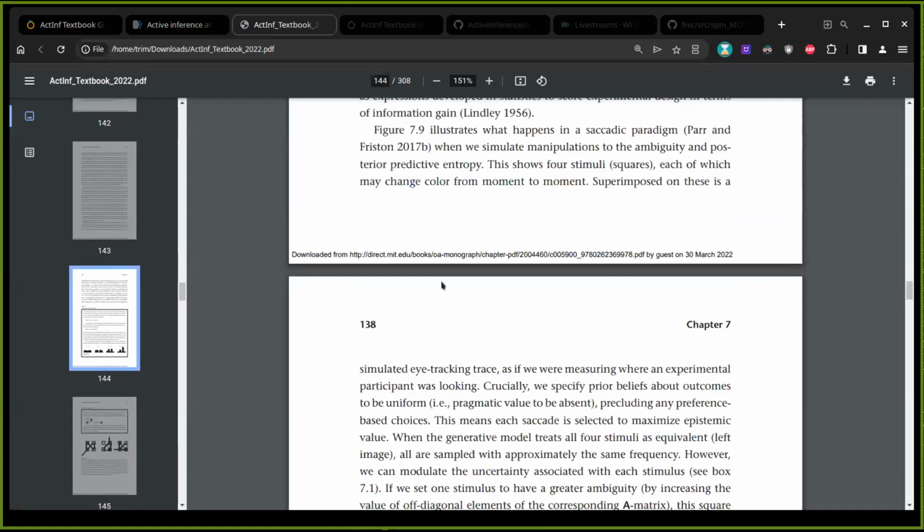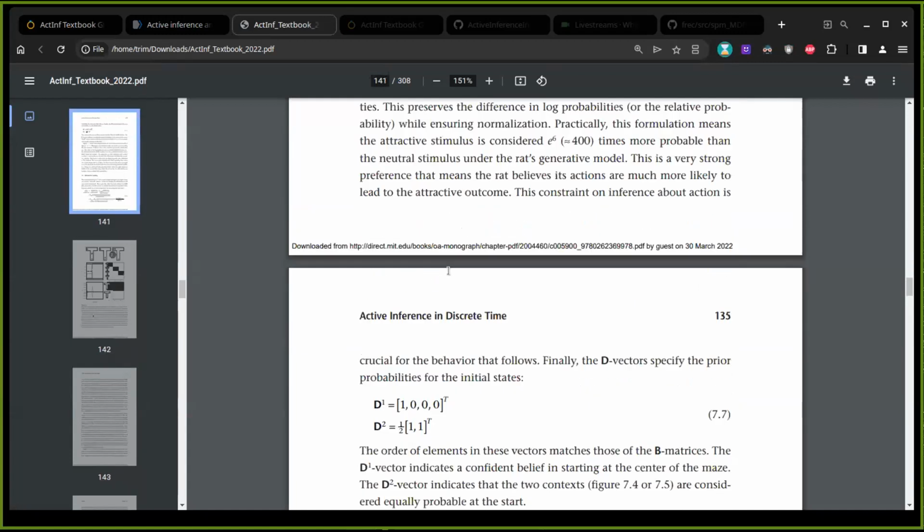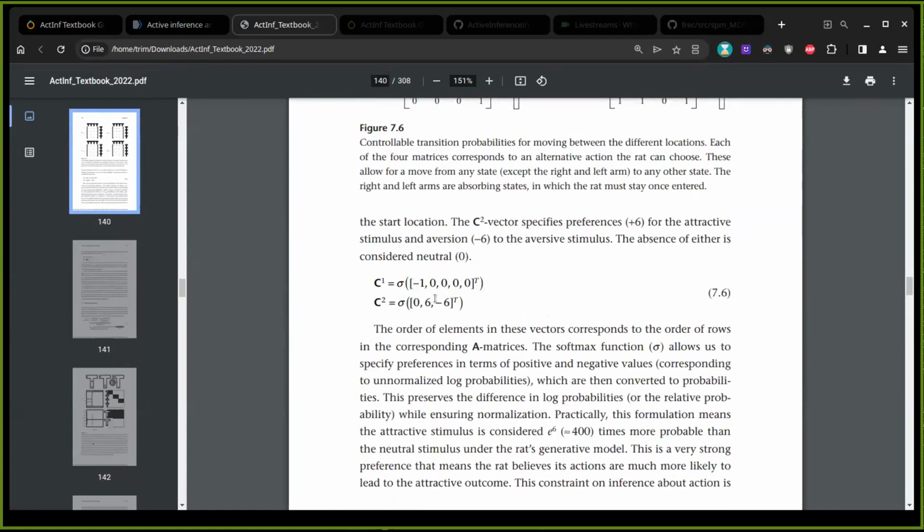For example, if the preference vector of the maze was 6.1 billionths and negative, then maybe it's not as big of a deal in comparison to the epistemic value. In contrast, where the preference is 100 million versus negative 100 million, you see more overall pragmatically oriented behavior. So expectation pursuing, aversion repulsing.